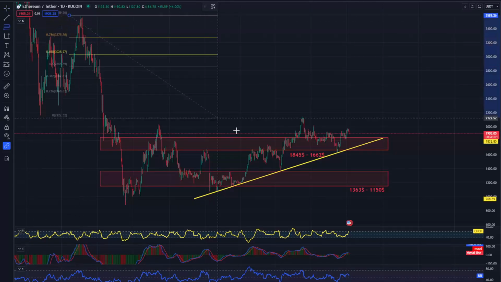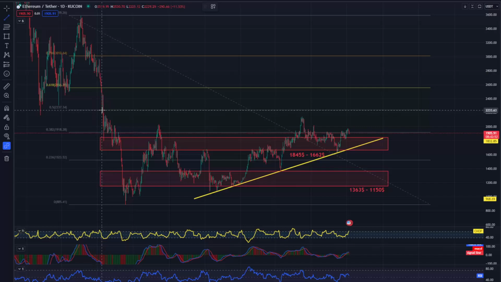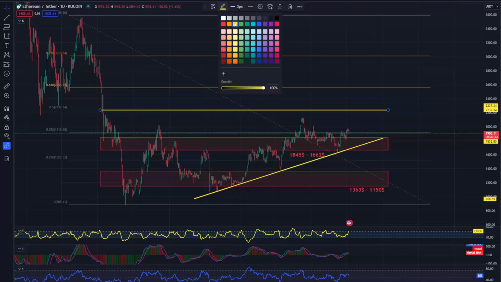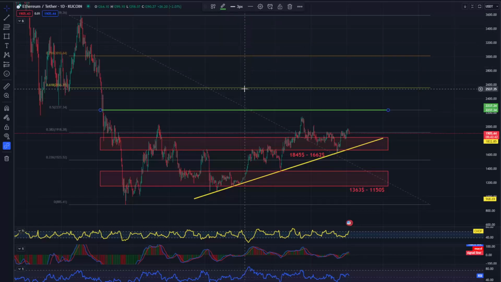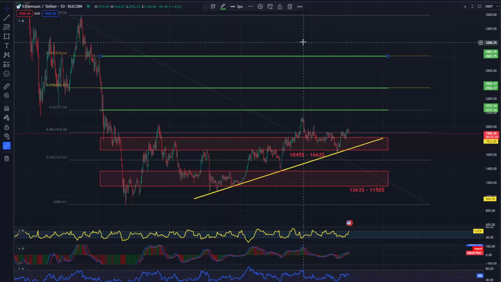Looking the other way, we can also mark the places where the price should encounter resistance on the way to increases. And here we have the first very strong resistance at the price of $2,237, before which the price once again turned back. The next resistance is at the price of $2,552, and then the third resistance at the price of $3,007.